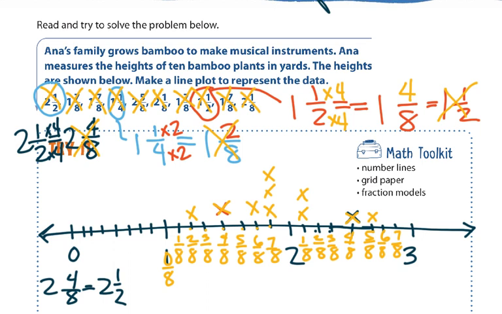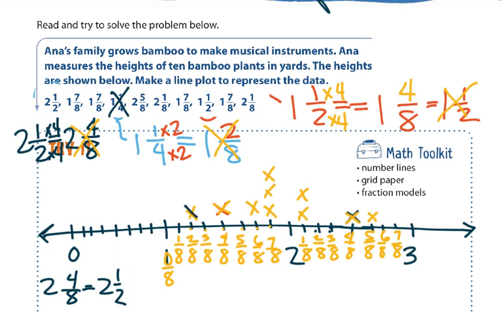Okay, I am going to undo those and I'm going to double check what I did. 1 2 eighths, right here. So 1 1/4 is 1 2 eighths. I got that one right.